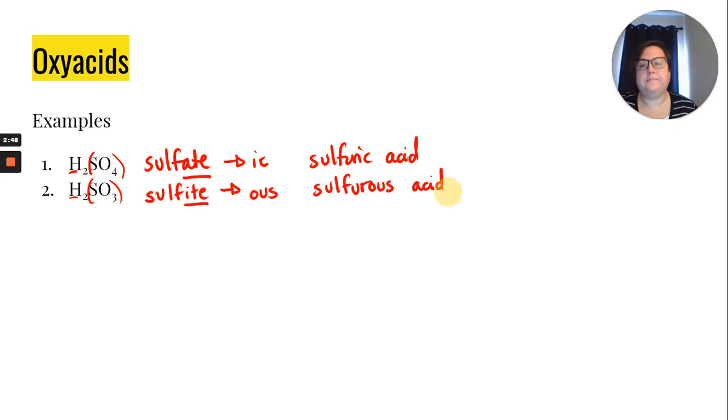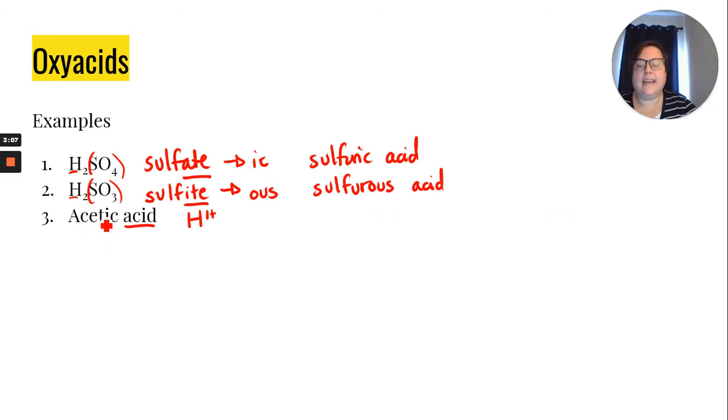Let's look at another one. Here we have acetic acid. So there's a couple things to remember. Acids start with hydrogen, so we know that we're going to start with hydrogen, which is in group 1, so it has a charge of +1. And then we just have to figure out what the polyatomic is.